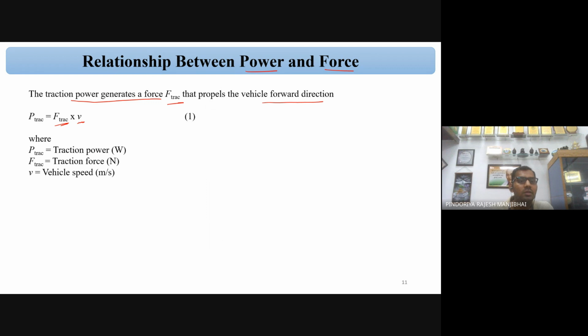V is the velocity, the vehicle speed, in meters per second. P is the traction power in watts, and F traction is the traction force in newtons. Correct? That is the relationship between power and force. Students, you can simply remember power is force into velocity, the vehicle speed.